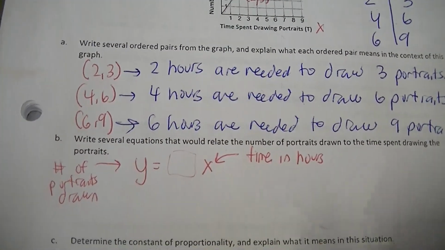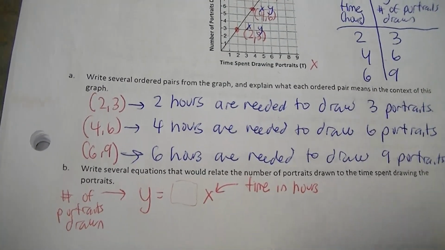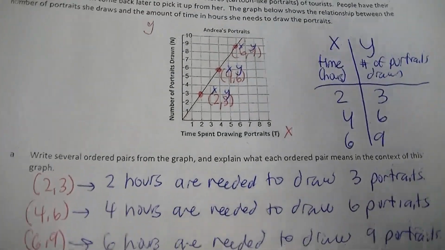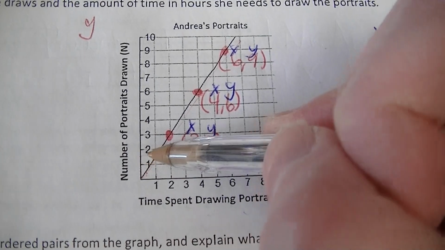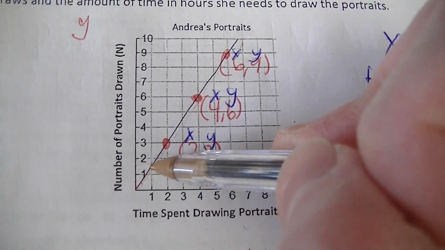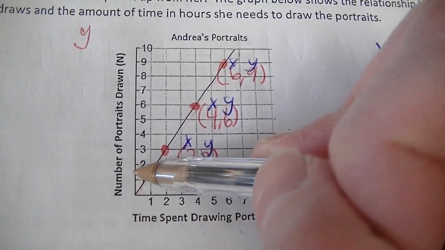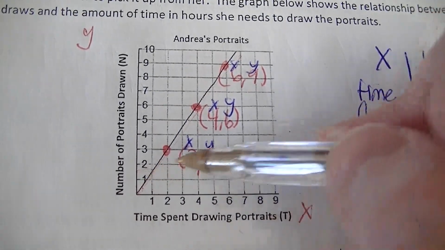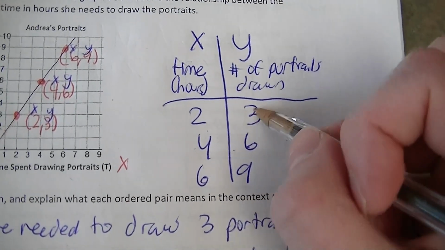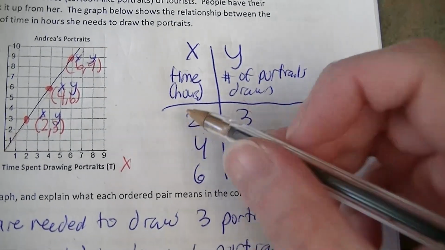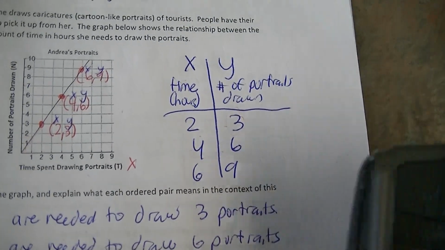Okay. And we got to find that unit rate. There's a couple of ways you can find the unit rate. Let's see if we can find it from the graph. When x is 1, the corresponding y value is the unit rate. Unfortunately, it's not at a perfect intersection on the grid line of the graph, so I don't want to make a guess. So I can always turn to the table, and I can go y divided by x to find the unit rate. So 3 divided by 2, or 6 divided by 4, or 9 divided by 6.